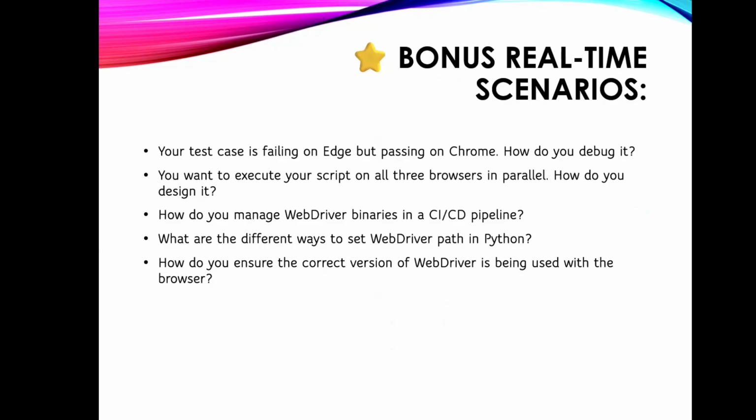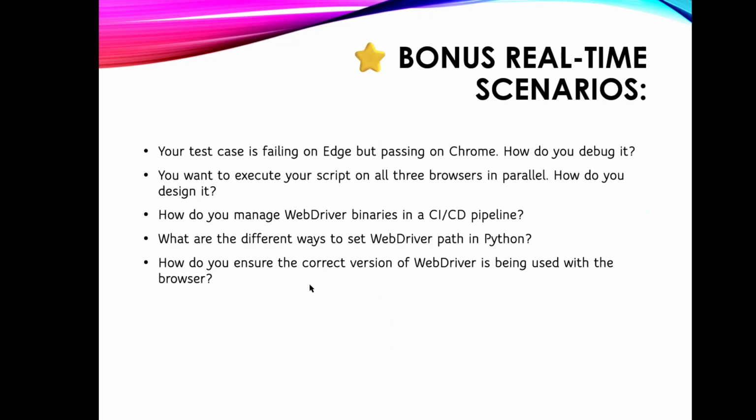But anyway, this is not necessary now, because there is no dependency on this WebDriver Manager kind of thing. It's not required. Sorry, WebDriver binaries. And what are the different ways to set the WebDriver path in Python? Different ways in the sense, driver = webdriver.Chrome(executable_path='chromedriver.exe'). But this one is not required right now.